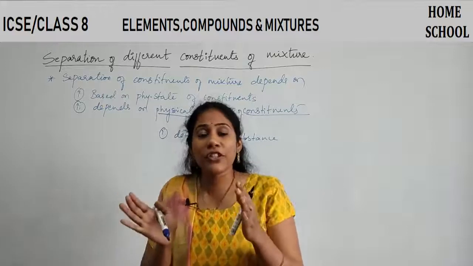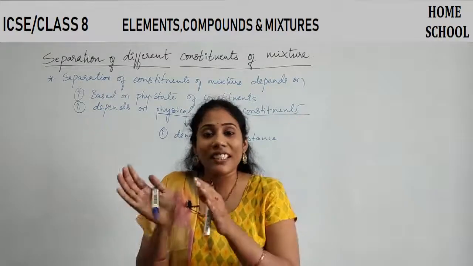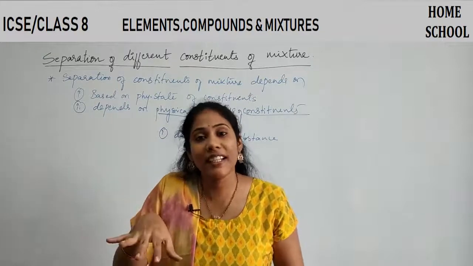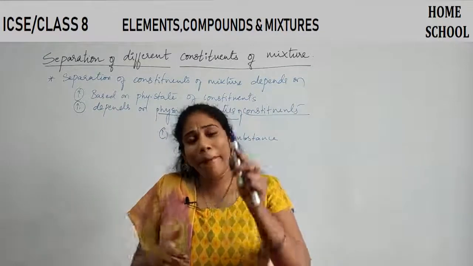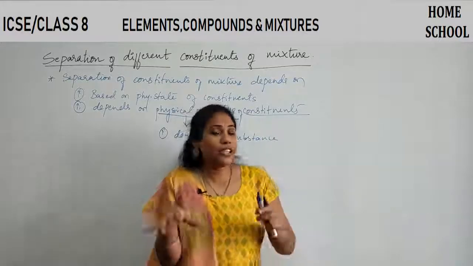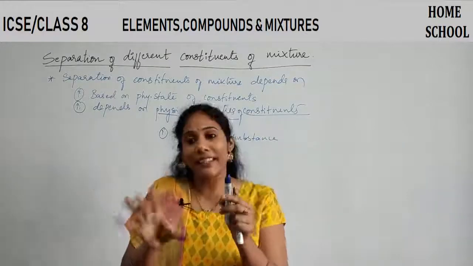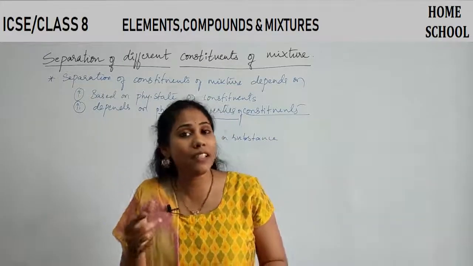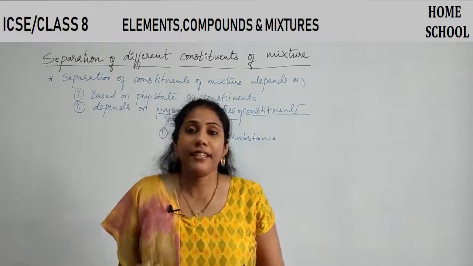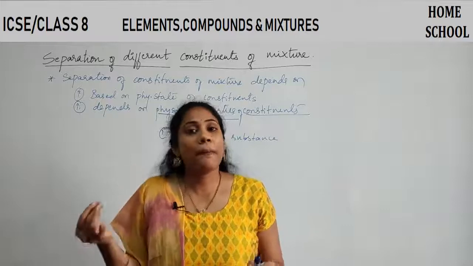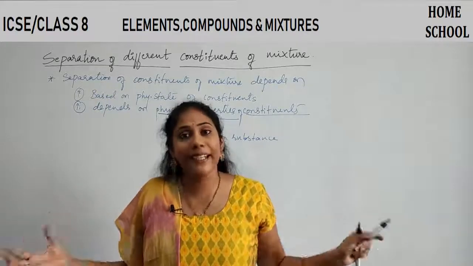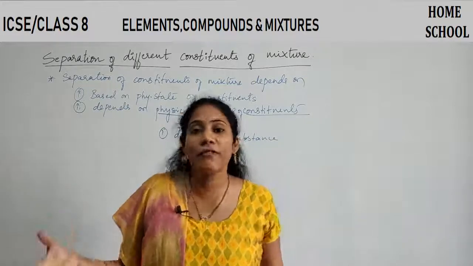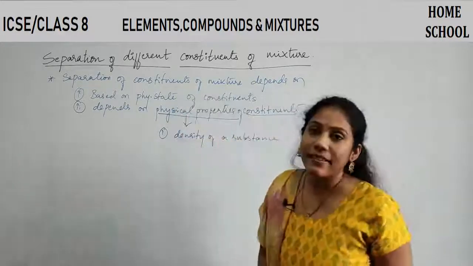Say if one constituent particle is heavier and the other one is less heavy, if one has more density and the other one is less dense, then based on the density variation, you can select a method that can separate the constituent particles of a mixture easily, isn't it? So one physical property we always consider to think of the separation of the components of a mixture is density.